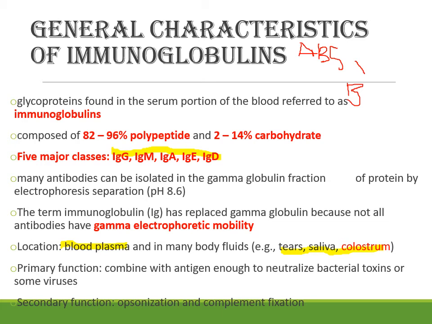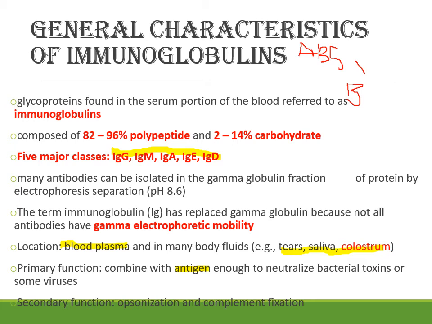The primary function of your immunoglobulin or antibody is to bind with the antigen, enough to neutralize bacterial toxins or some viruses. Always remember, guys, that the antibody towards a particular antigen should always be specific in order to create an immune response.